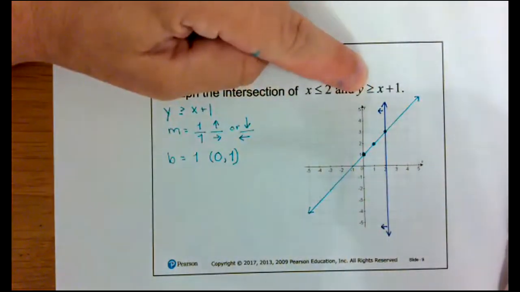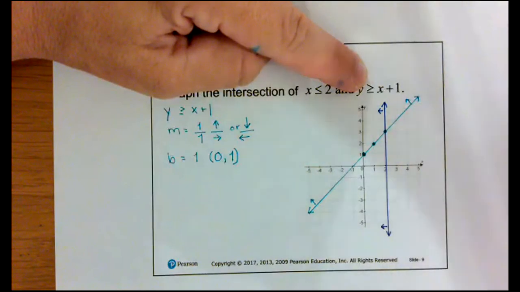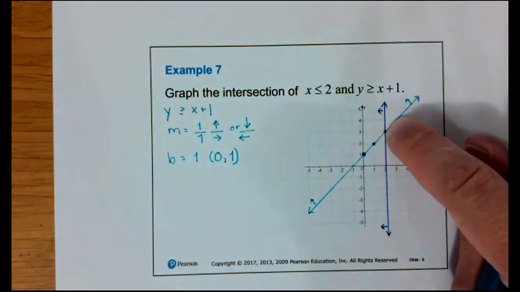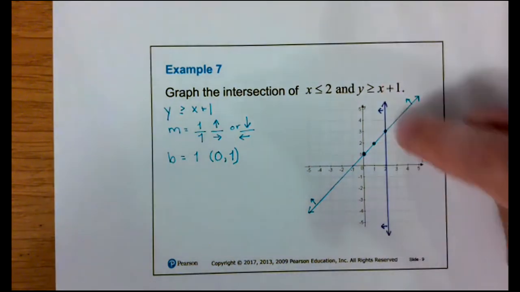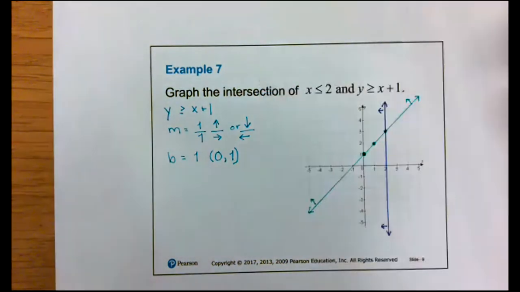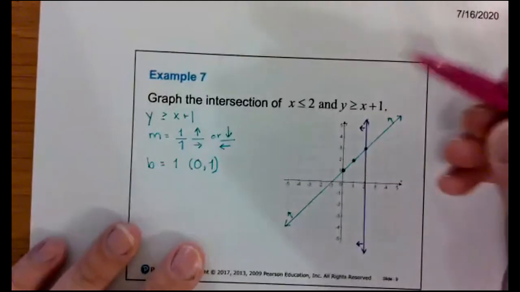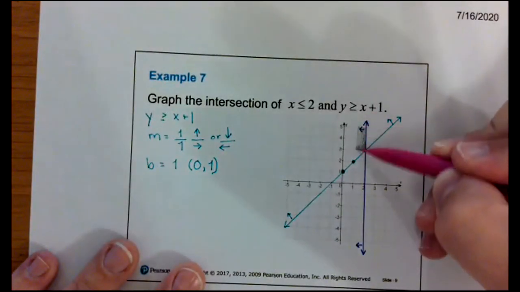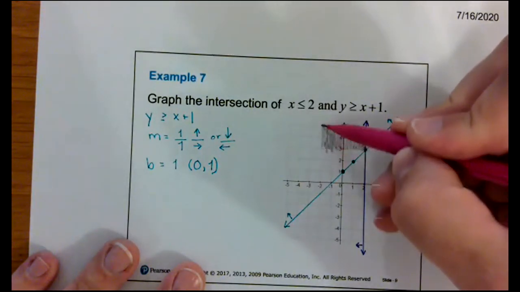And it says greater than. Greater than means above, right? So where they intersect means where I shade both of them. Okay? So I shade this one going this way, the whole way over.